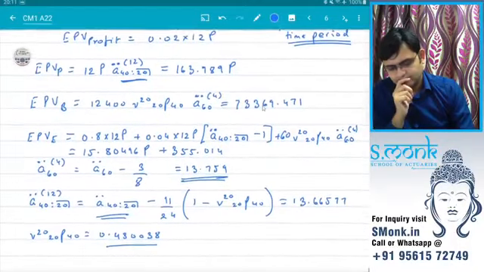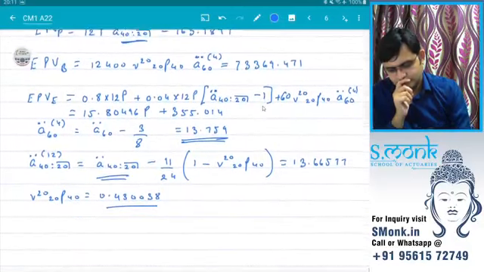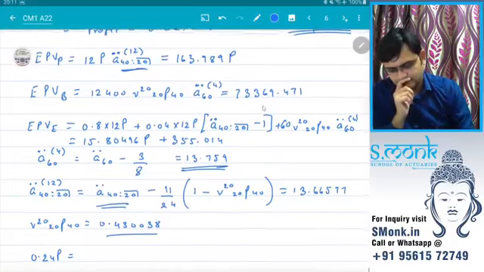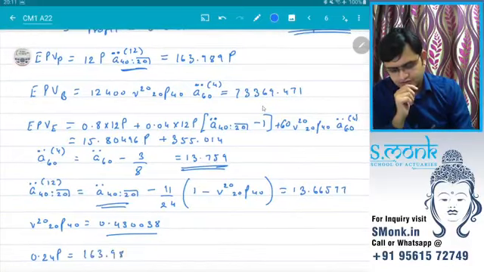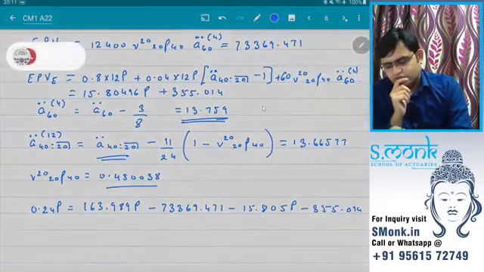Now we can make the equation. I will have 0.24p equal to 163.989p minus the benefit, which was 73369.471, minus the expenses, that is 15.805p plus, actually minus, 3,355.014. Let's rearrange to get all p's together.